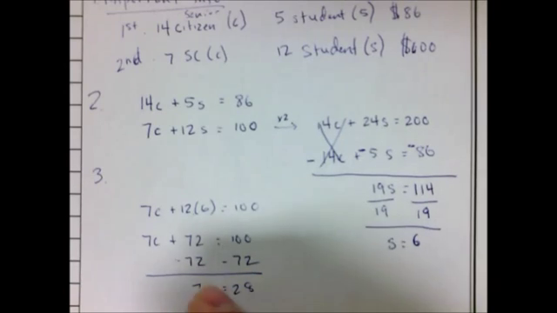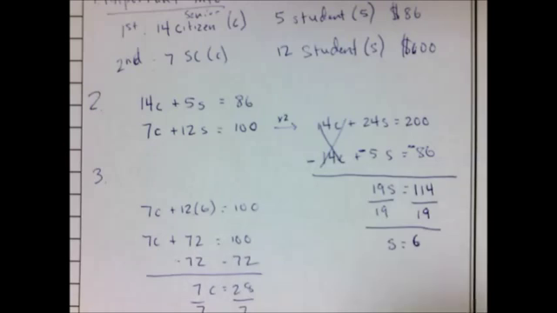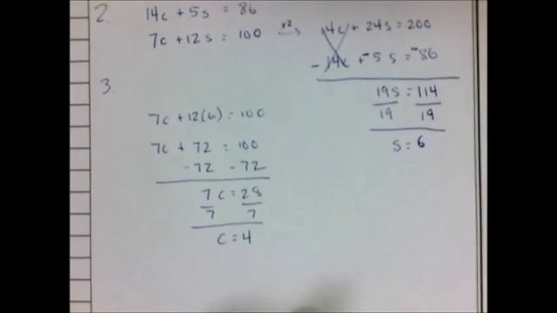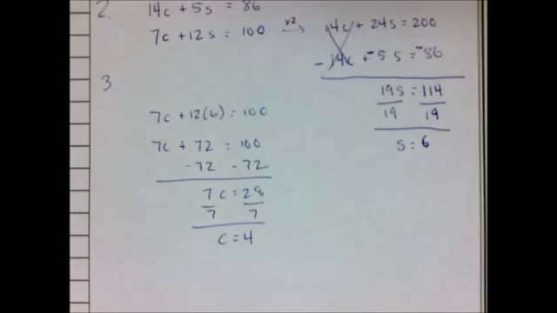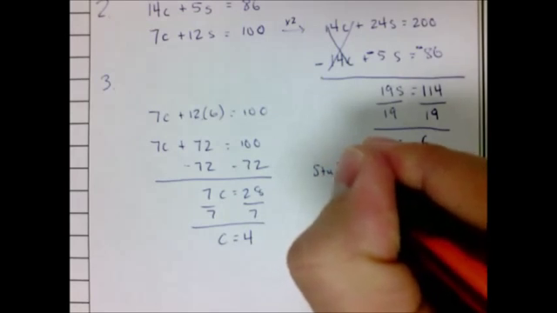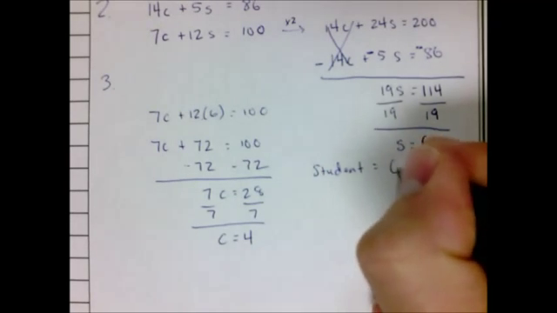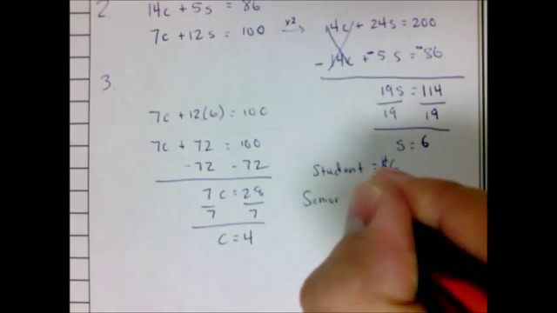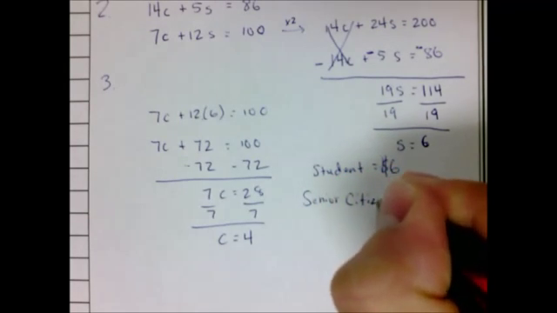Divide by 7, we end up getting c is equal to 4. So that means that student ticket is $6. Senior citizen ticket is $4.